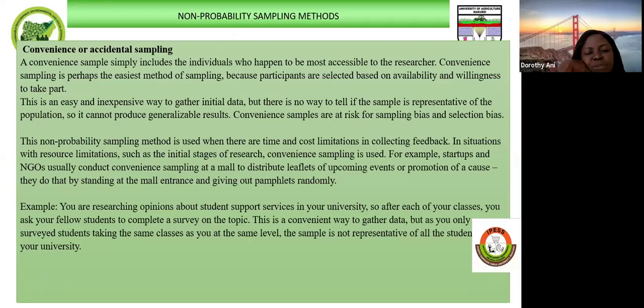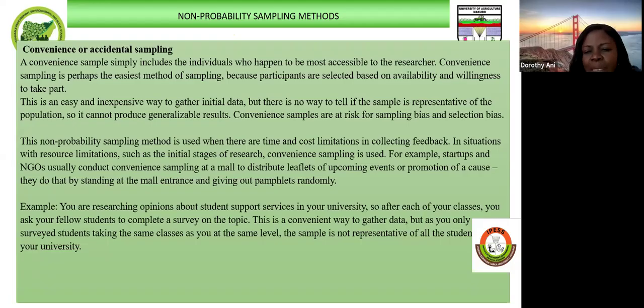This is an easy and inexpensive way to gather initial data, but there is no way to tell if the sample is representative of the population. That's the demerit now. So it cannot produce generalized results.